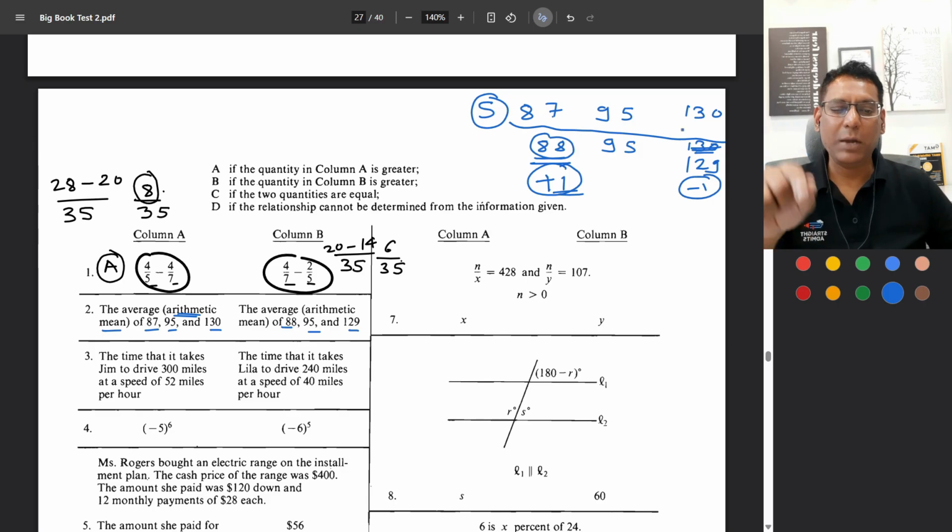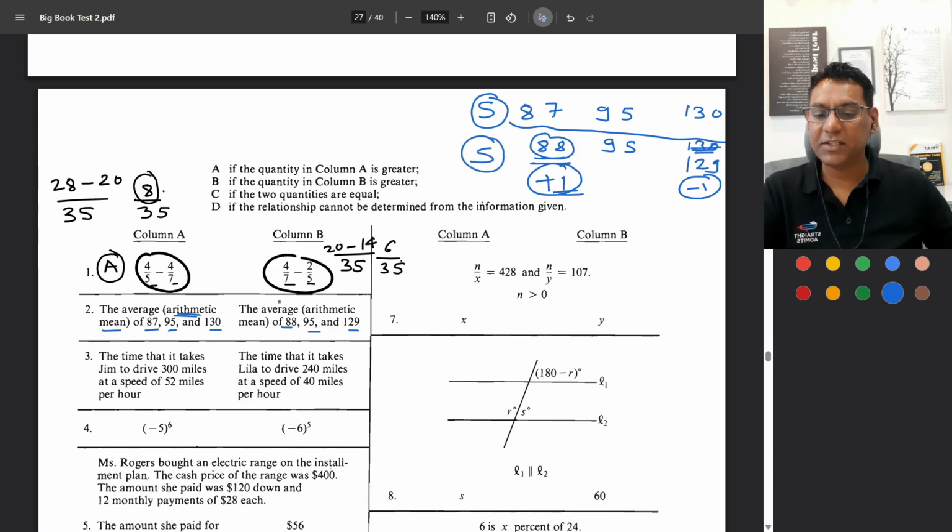So if you add them up, you're basically going to get the same sum. That's the trick in this question. This number is bigger, whereas this number is smaller by the same quantity, that's 1 unit. So the sums are going to be the same. The arithmetic means are also going to be the same. The correct answer is going to be equal, that is answer choice C.